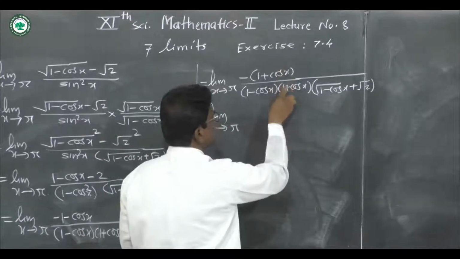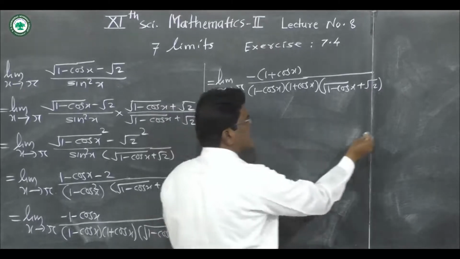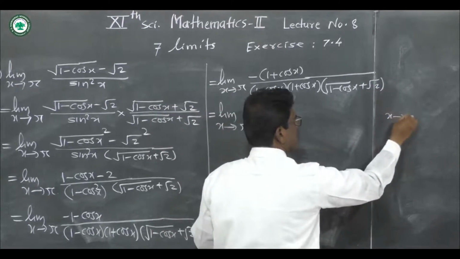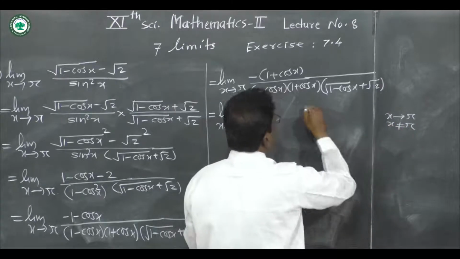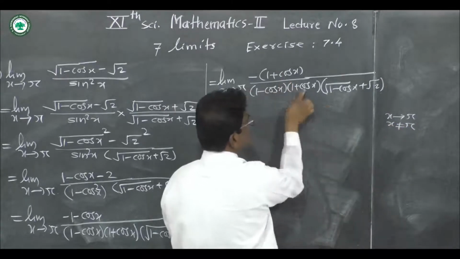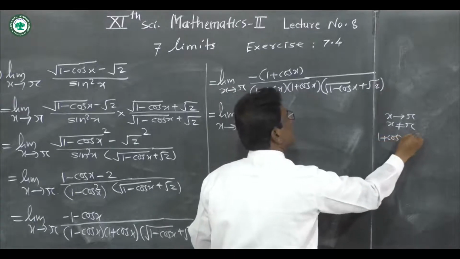Now this 1 plus cos x and 1 plus cos x get cancelled, because as x tends to pi means x is not equal to pi, and therefore 1 plus cos x is not equal to 0.